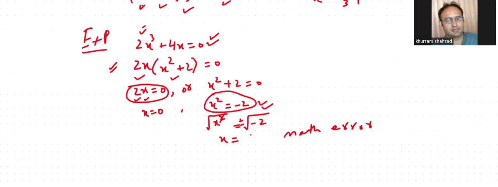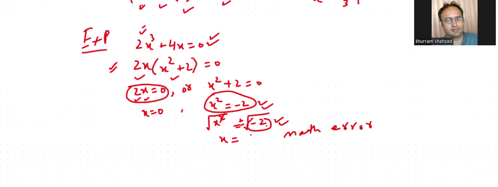R means the set of all real numbers. What is the logic behind this? There is no number whose square is equal to -2. The square of any number is always positive. So there is no number whose square is equal to -2.